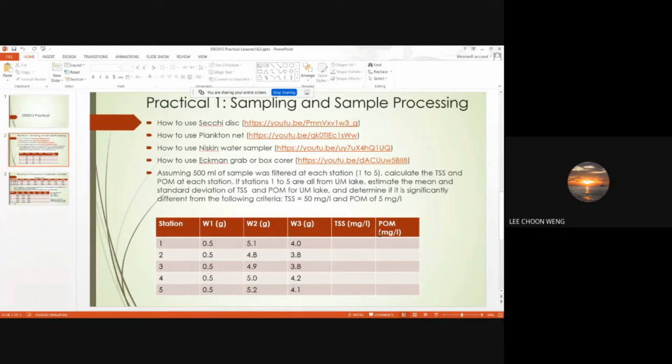Can you see the PowerPoint slide, practical one? Yes. Okay, so this is very straightforward.